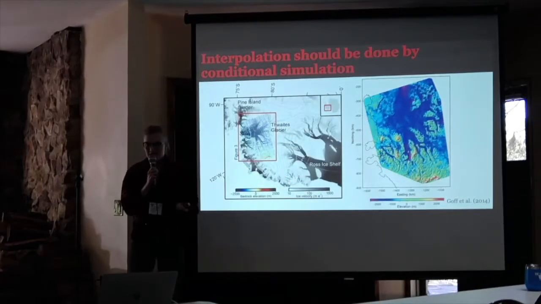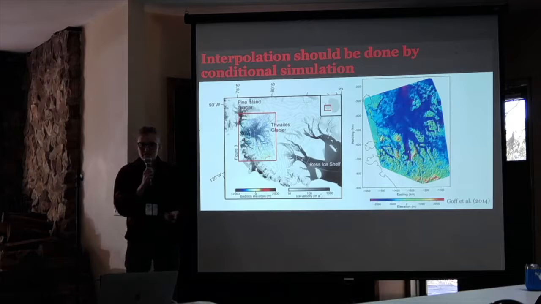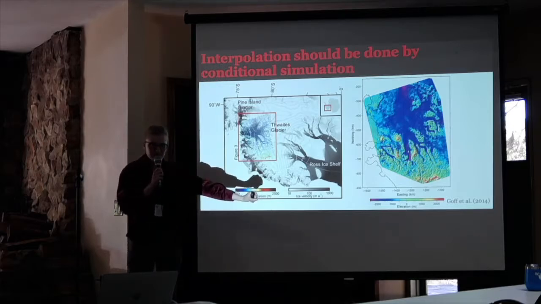And so it happens that the only bed simulation I'm aware of, by John Goff, is in the Amundsen Sea embayment. And what he did was he took radar bed measurements and then said, I think this area should have this roughness, so when I interpolate the bed, I'm going to assign this roughness to it.